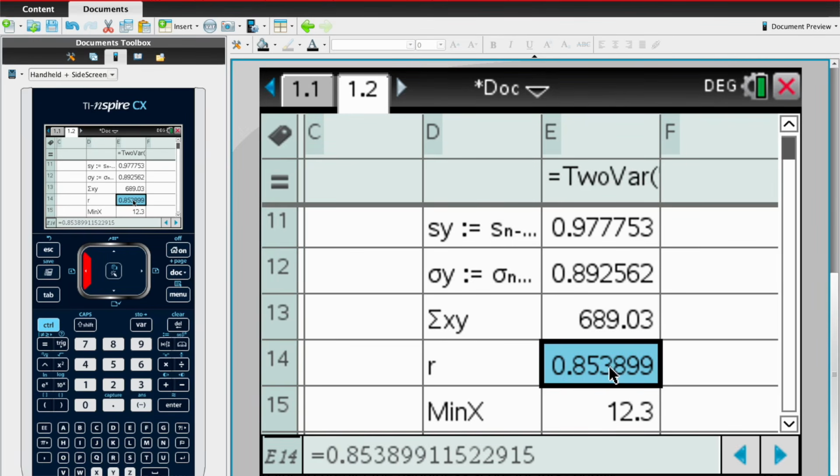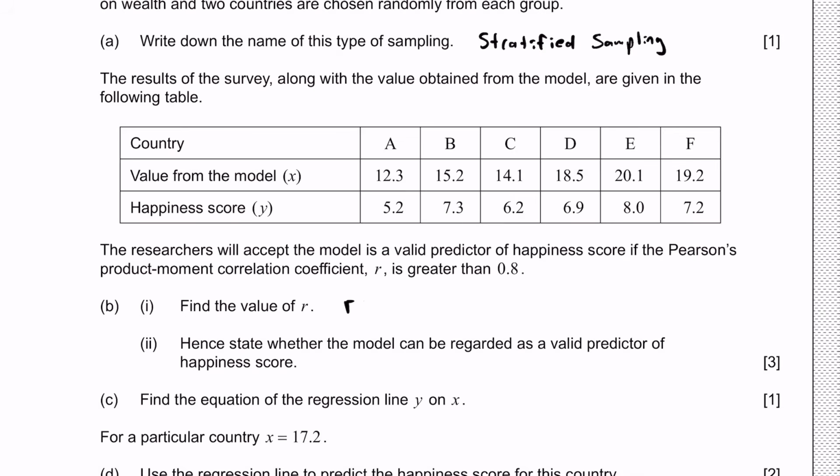So let's go back to the document. R is equal to 0.854 for Pearson's correlation. So, part 2, hence, state whether the model can be regarded as a valid predictor of happiness score. So it's only valid if the Pearson's product moment correlation is greater than 0.8.